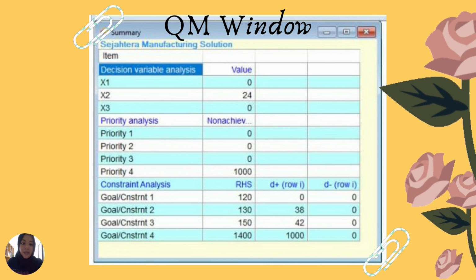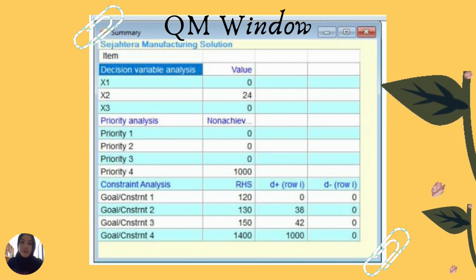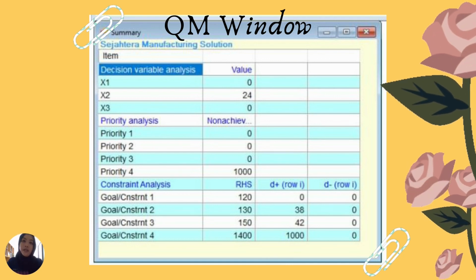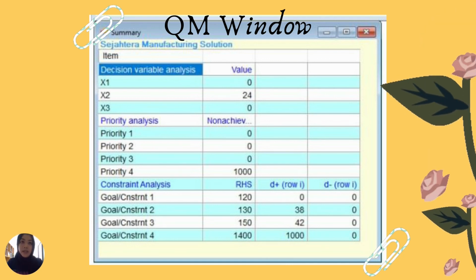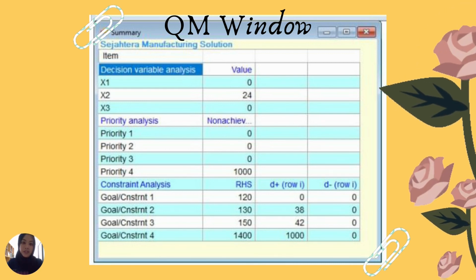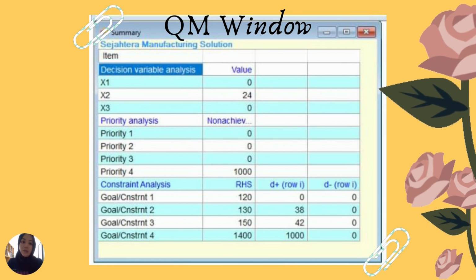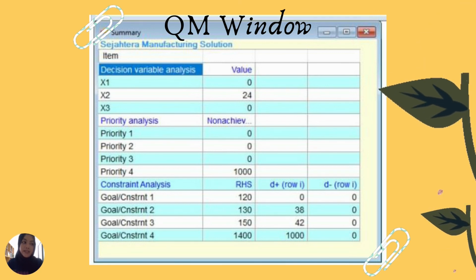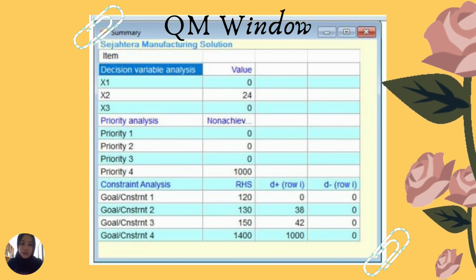In conclusion, among these 4 constraints, constraint 1 is the best one because it is fully achieved and there is no overachievement. When there is overachievement, it means the company is facing a huge loss.